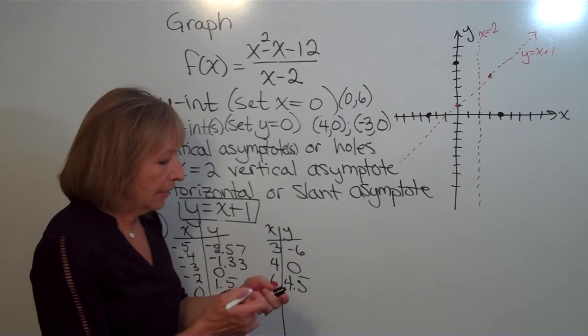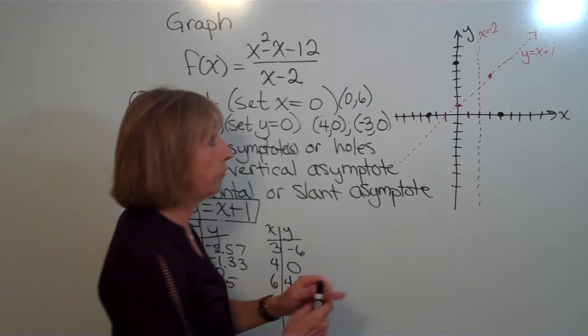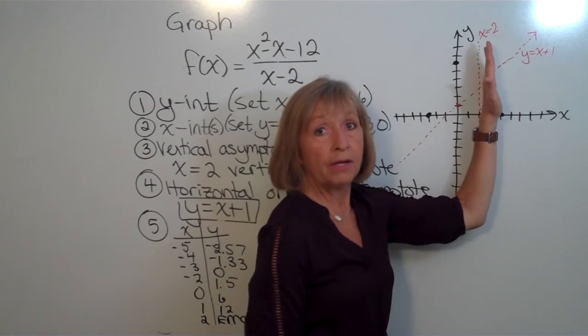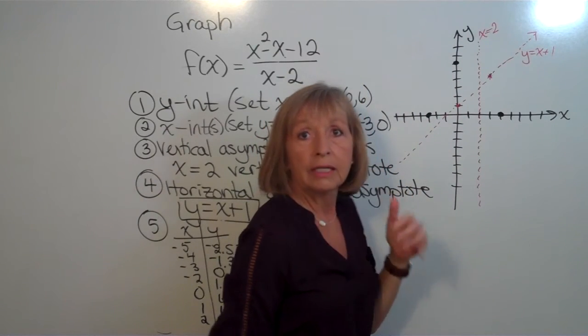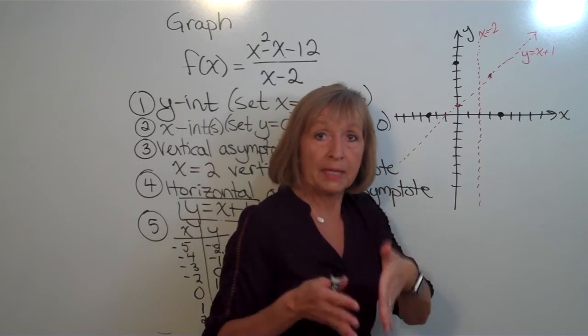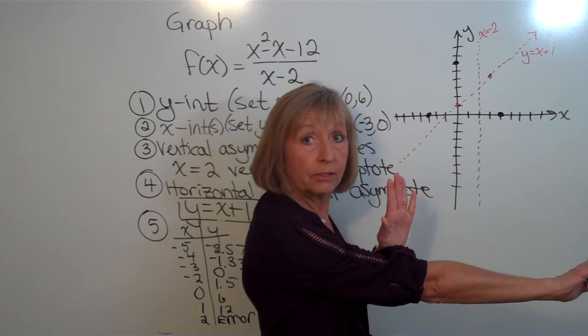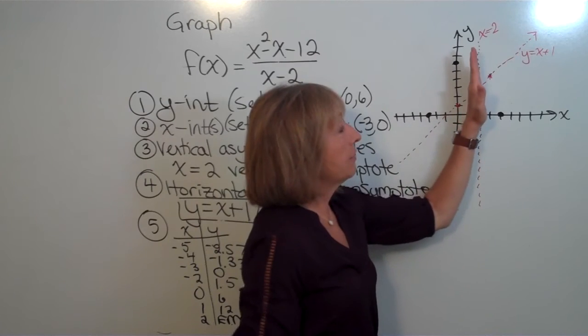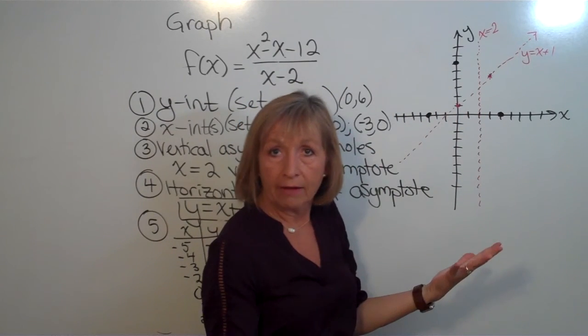All right, now let's look at what we have so far. Just as an overall view, I only have this one vertical asymptote. So I've graphed to the left of the vertical asymptote. If I had more than one, I would graph between each pair of vertical asymptotes, and right of the rightmost vertical asymptote. So to the left of the vertical asymptote, where's my graph?